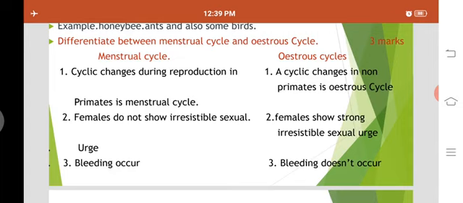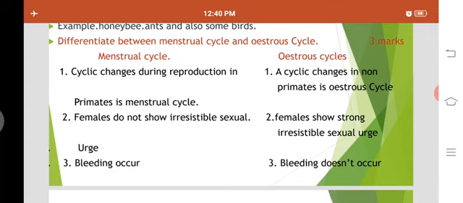Students, concentrate: the cyclic changes that occur in the female reproductive system of female mammals are called the reproductive cycle.